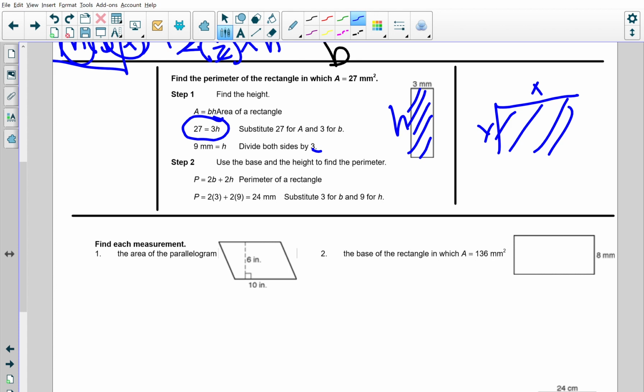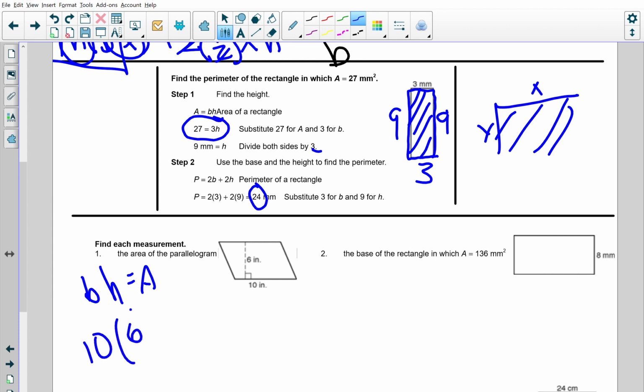Then they want you to find the perimeter. Well, if this is 9, and this is 9, and this is 3, remember, perimeter is walking around. So 18 and 6 has to be 24. All right, so area of a parallelogram is base times height. Bang. What's my base? 10. What's my height? 6. What's my area? 60 square inches.